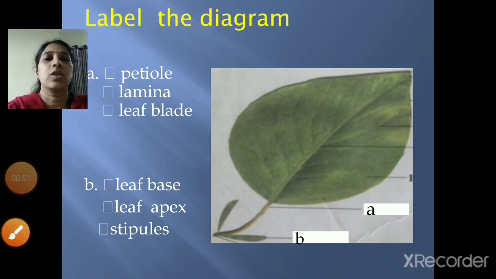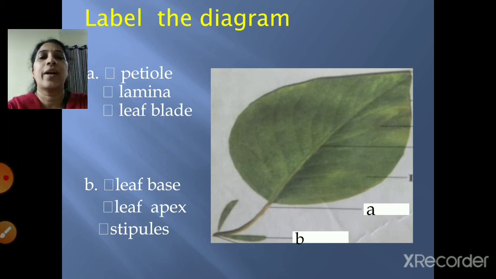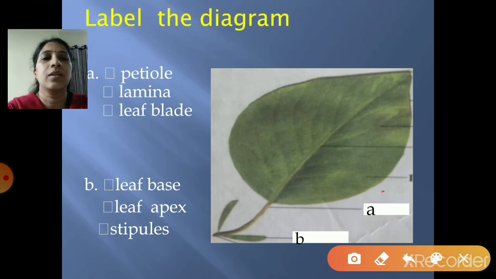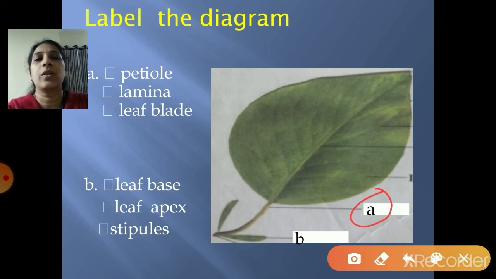So 3 options will be given: petiole, lamina and leaf blade. So now you have to find out which is this part. Now you can see here, this is A. So this part is called the petiole, because the leaves of some plants may have a stalk called the petiole. So petiole will be your correct answer. Then see the B part, right?